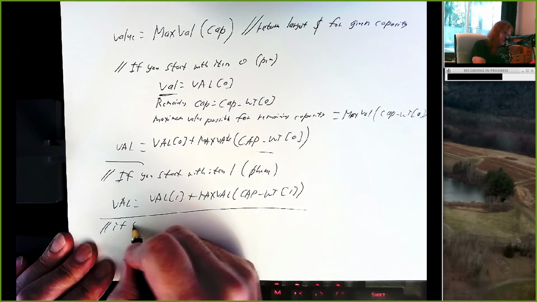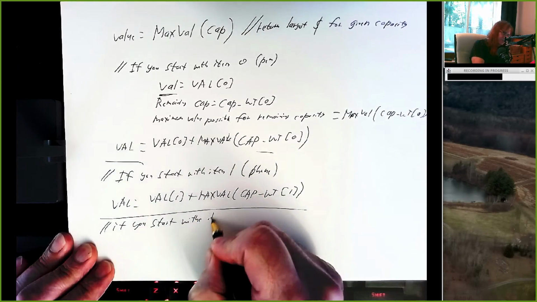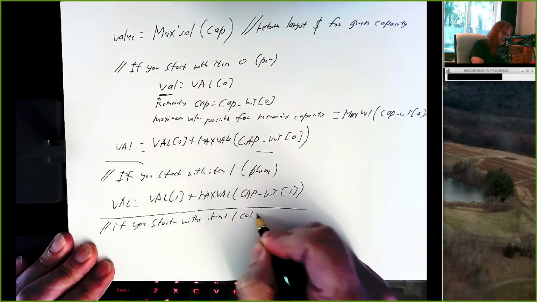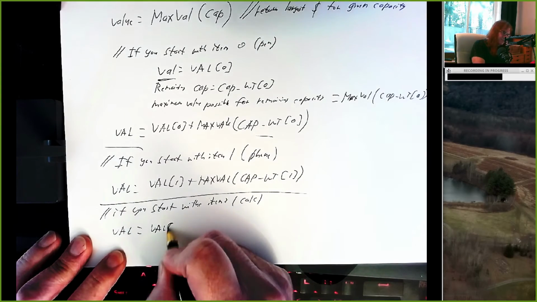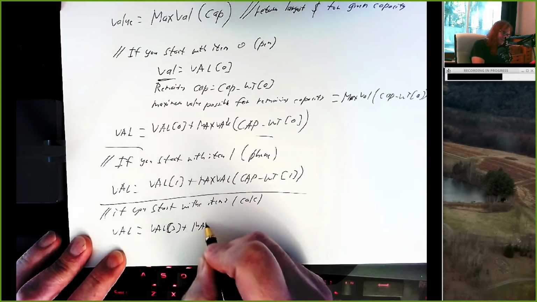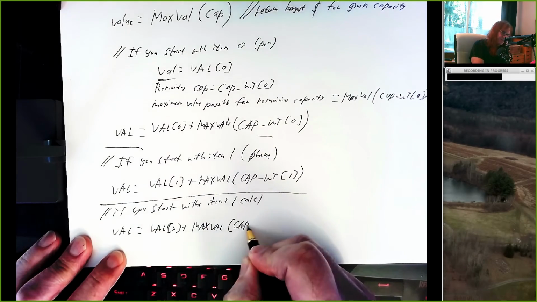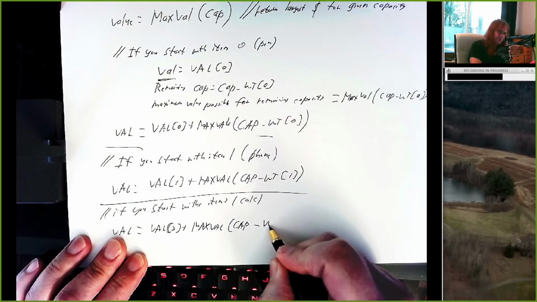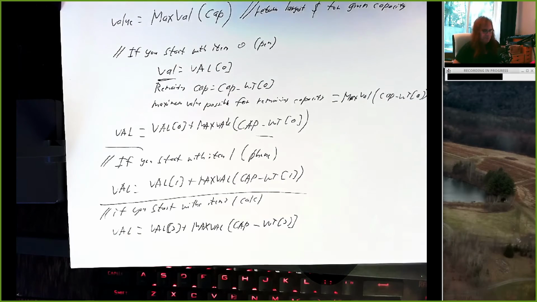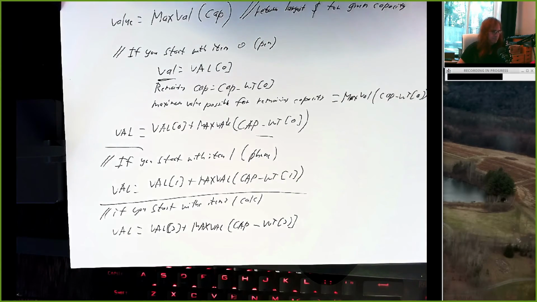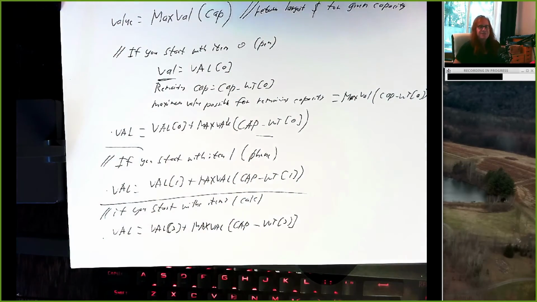And if you start with item 2, which is the calculator, then the maximum value I'm going to get is the value of the calculator plus whatever value I can get out of the remaining capacity of the bag, which is the capacity of the bag to start with minus the weight of the calculator. Whichever one of these is the largest, that's the value of maxval for the given capacity.